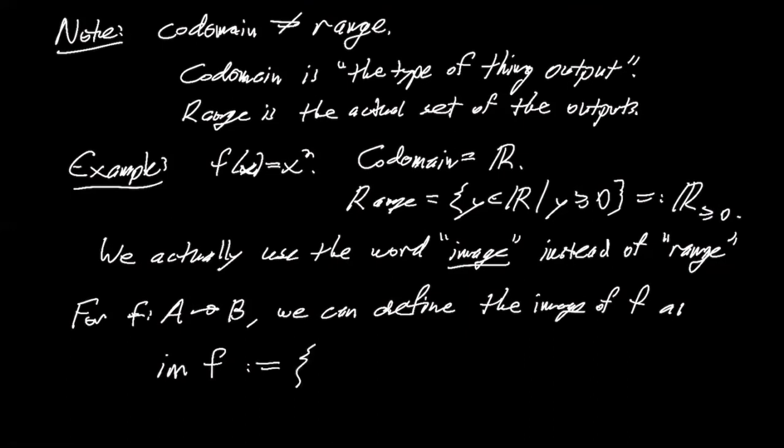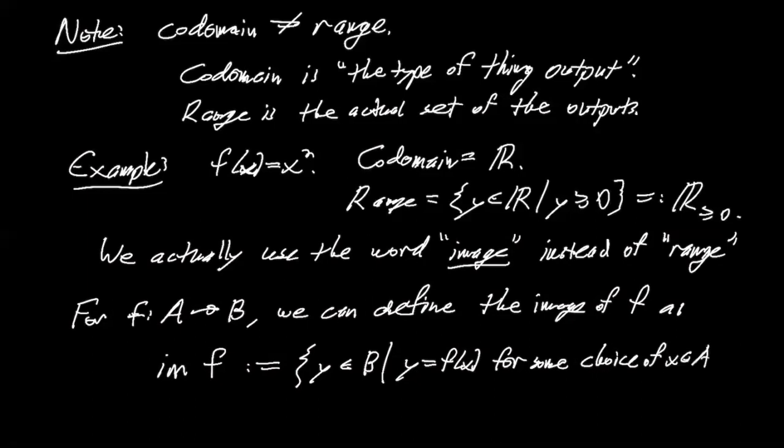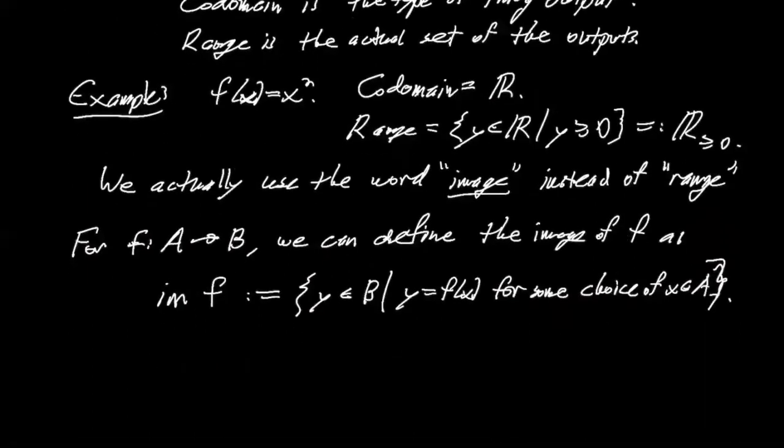It's the set of things y living in B such that y equals f of x for some choice of x in A. Right, that's sort of the set definition. Basically, there exists some x. It's the set of y's that get hit by the map. So that's kind of the formal definition.